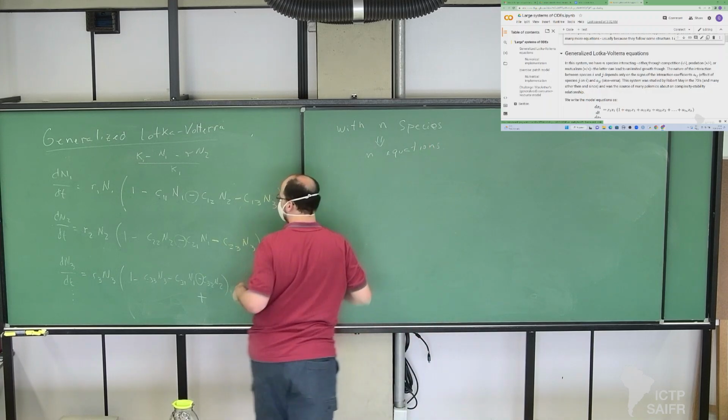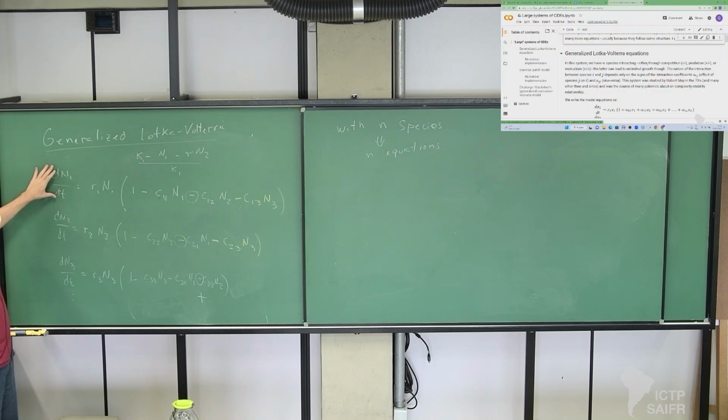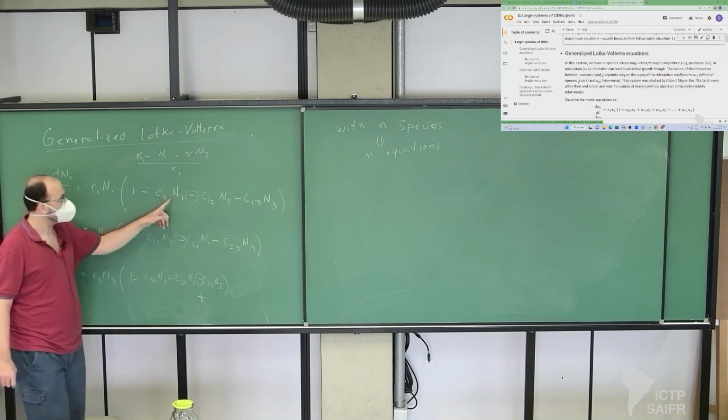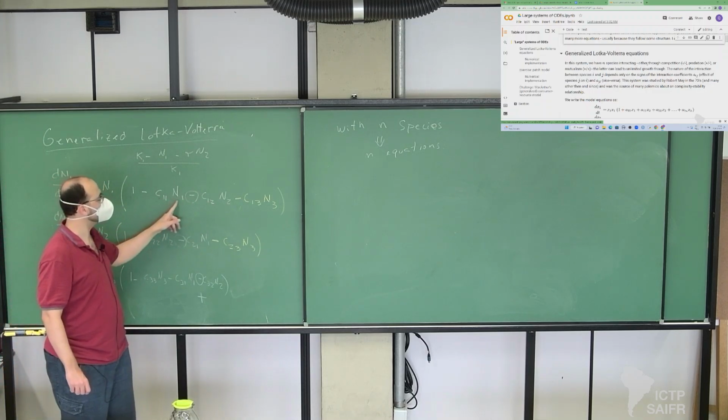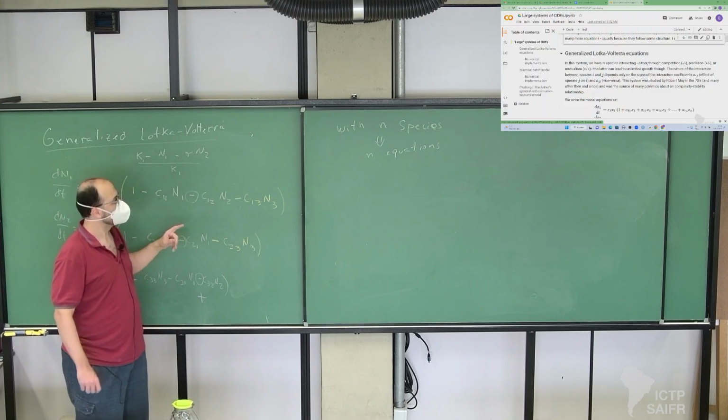Now let's see what it looks like for this equation with n species. You have to have n terms here: one for n1, n2, n3, n4, and so on until n, small n.